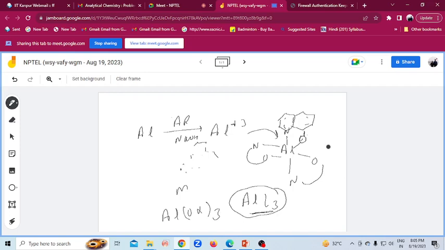Then finally, similar to this, we discussed two ligands to identify iron.